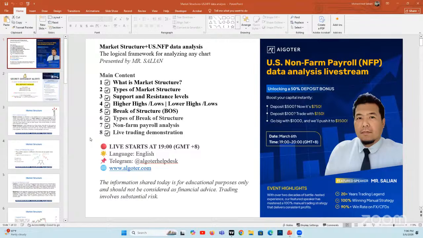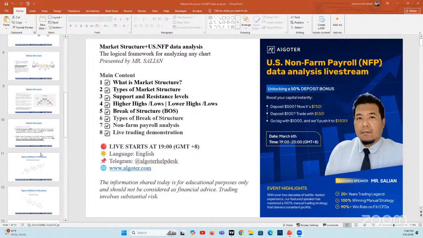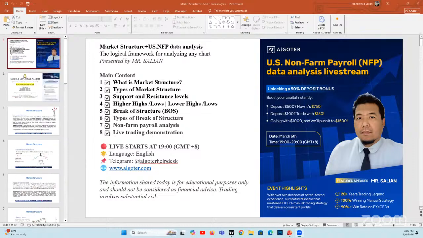You're just not seeing the bigger picture. So we will go through all this, and hopefully you will now get a better understanding, because no one can help you master this unless you give your 100% here.